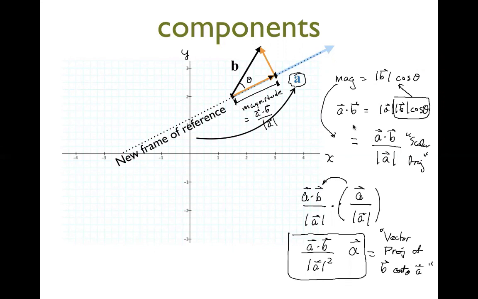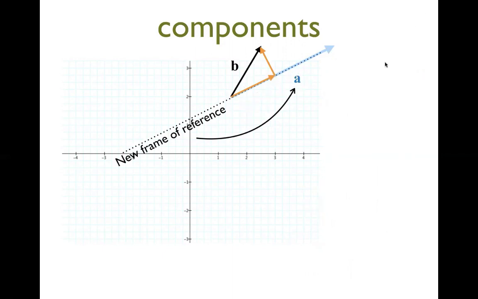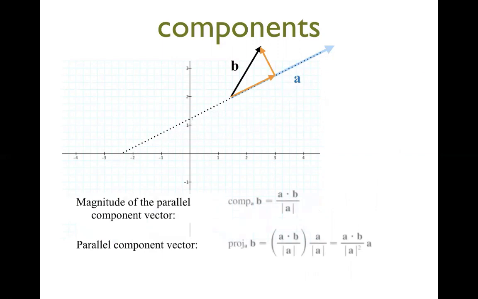So let me summarize. I got the formulas here. You can check this out in the video. The magnitude of the parallel component vector is called the scalar projection.